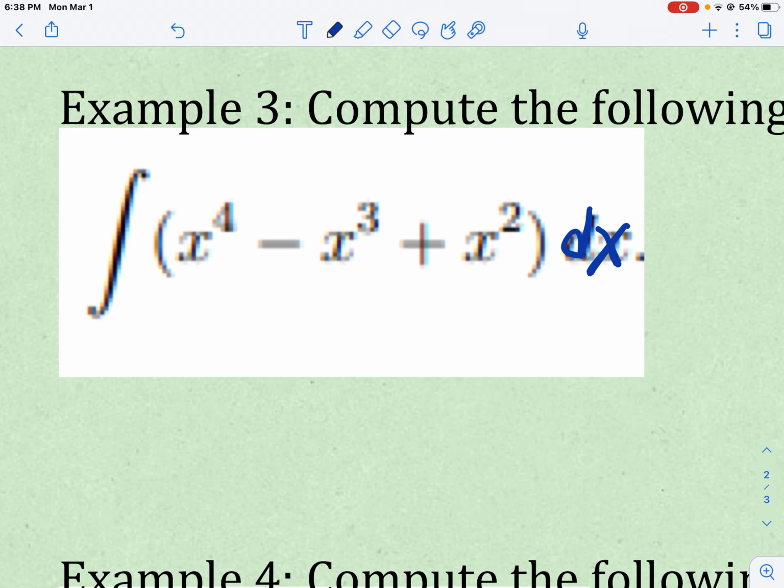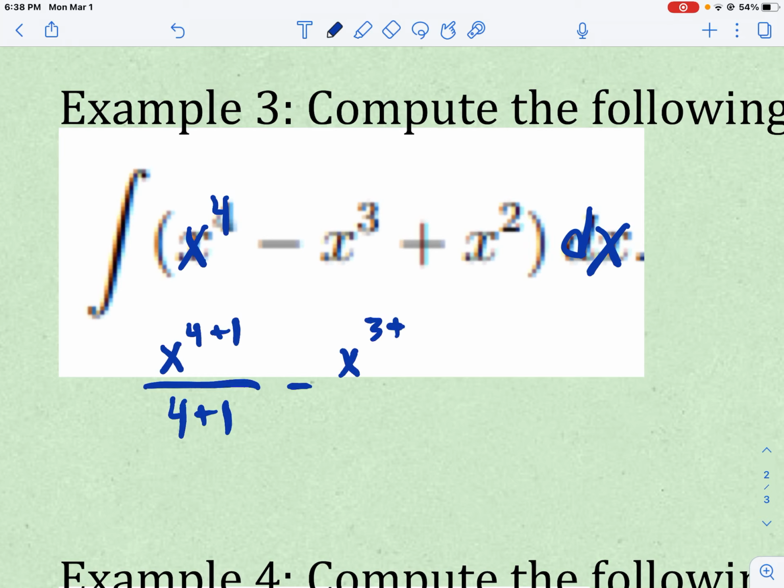Okay, so again, find the antiderivative of x to the fourth. I'm going to add 1 to the exponent and divide by the exponent plus 1. Do the same thing with x cubed, plus 1 divided by the exponent plus 1.